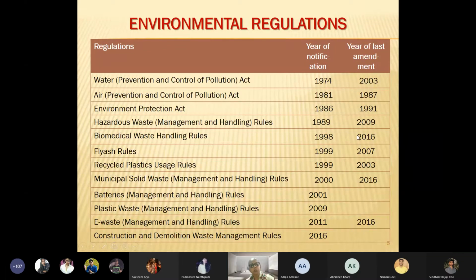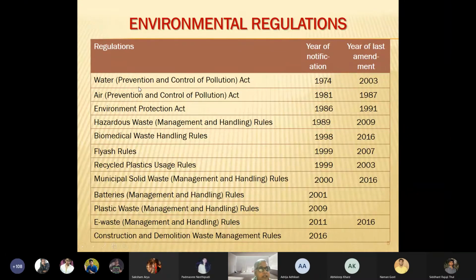So anyone wanting to do a large project had to do an environmental impact assessment, and that had to be put in the public domain, and all these kinds of discussions that we see in the media all the time are part of the Environment Protection Act. And what we're going to look at in a little bit is the hazardous waste management and handling rules.